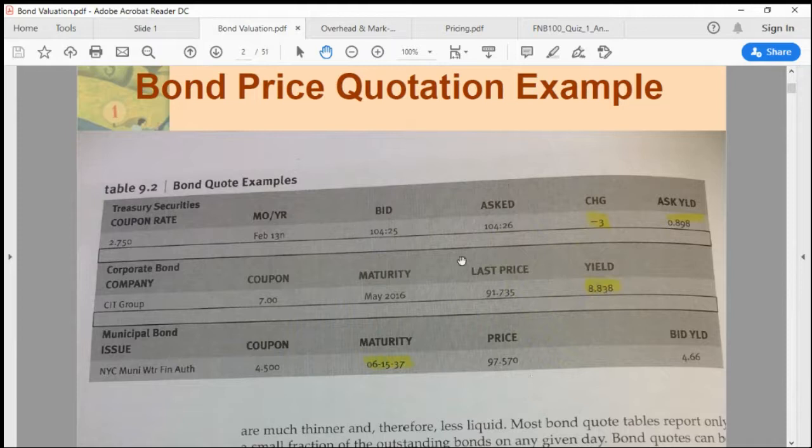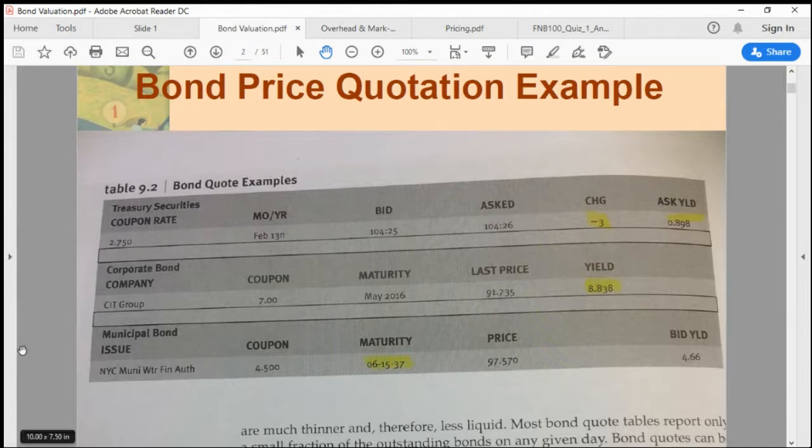But then, if you take a look at the Treasury note, it seems to have two prices, right? It doesn't have only one. One is called bid, the other one is called ask. If you have ever bought or sold something on eBay, you would understand what bid and ask is.